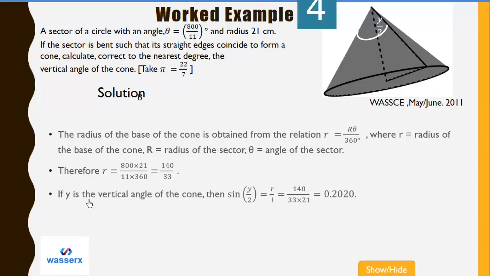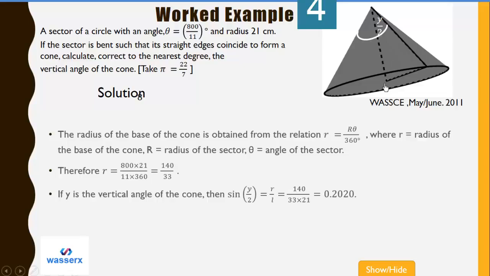Then if y is the vertical angle of the cone, that is this whole angle here is y, then half of it will be the angle over here in this right angle triangle. So sine y/2 will be opposite over hypotenuse.